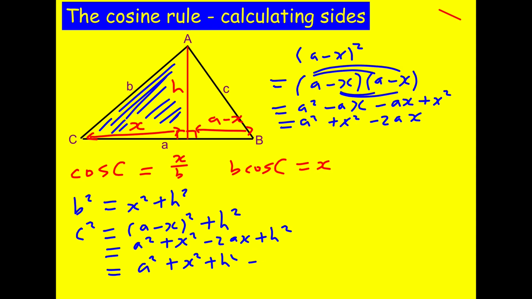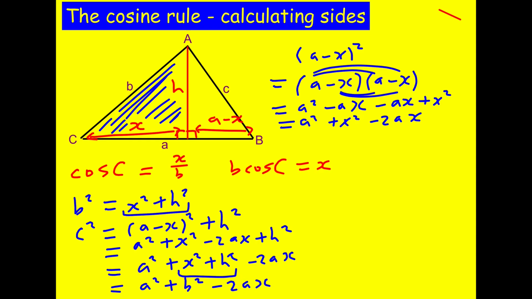It doesn't matter what order I do it in, but then it becomes a bit more easy to see that this thing here is actually exactly the same as this thing here. So I can write down that c squared is a squared plus b squared minus 2ax.